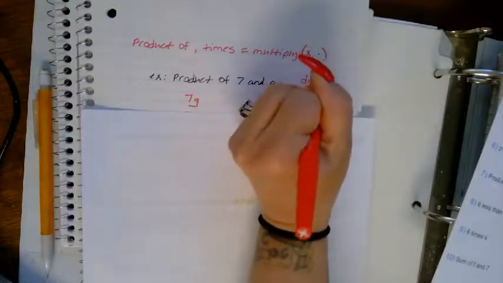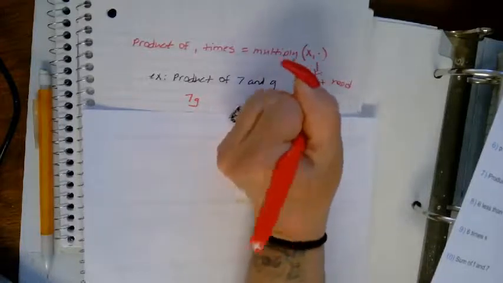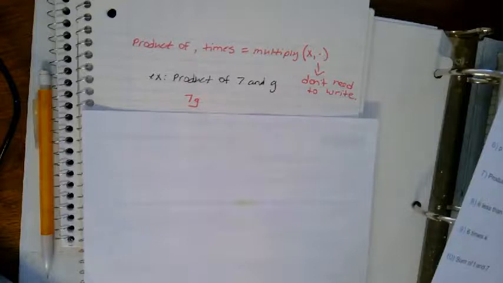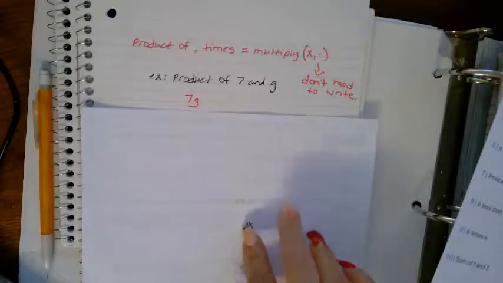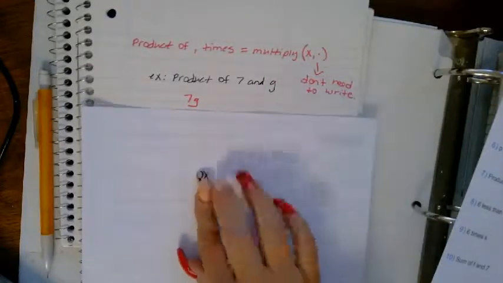Don't need to write. They're just there to know that that's what that means, okay? But we don't need to write those in our answer. So product of 7 and G would be 7G.